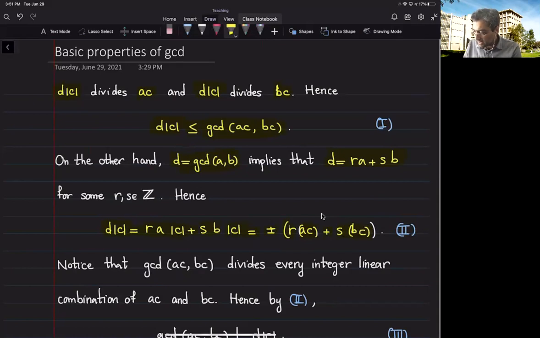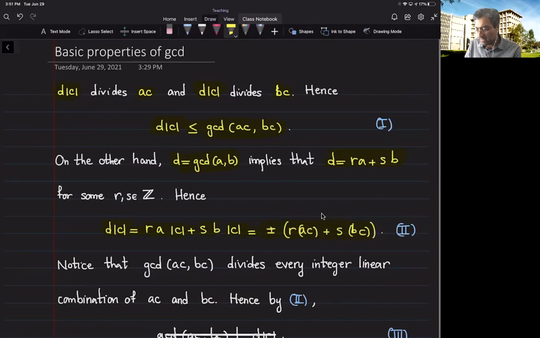And this, inside the parentheses, is an integer linear combination of AC and BC, and this is plus or minus, again an integer multiple. So altogether, this side is an integer linear combination of AC and BC.